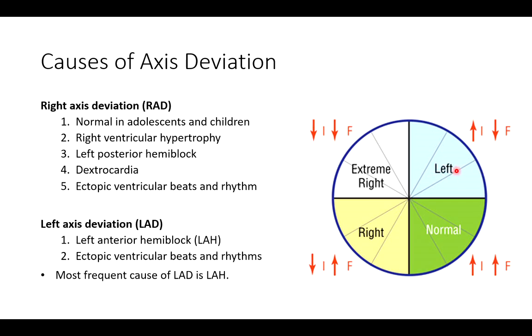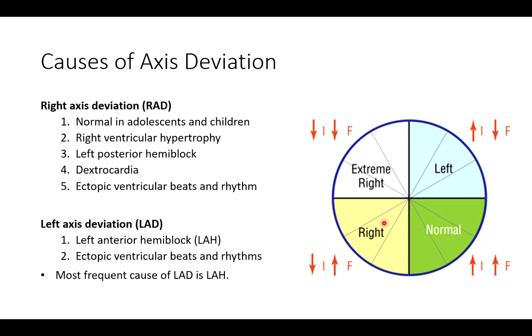If there's a push-pull between the electrical activity, and this area of tissue on the left side of the heart is turned off, then there's nothing to counter the electrical impulse, so it's going to pull further to the right because there's nothing pulling it back toward normal. So if it's normally in a normal position, and then we have this left posterior hemiblock, where the cells up here create a balance between cells on the right bundle branch and the left bundle branch, if these turn off, then this normal axis swings over to where more of that electrical activity is occurring, because there's nothing to pull it back the other direction. So it would be a left posterior hemiblock.